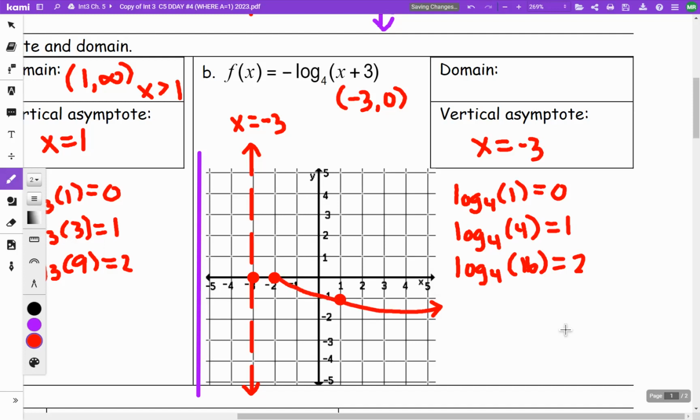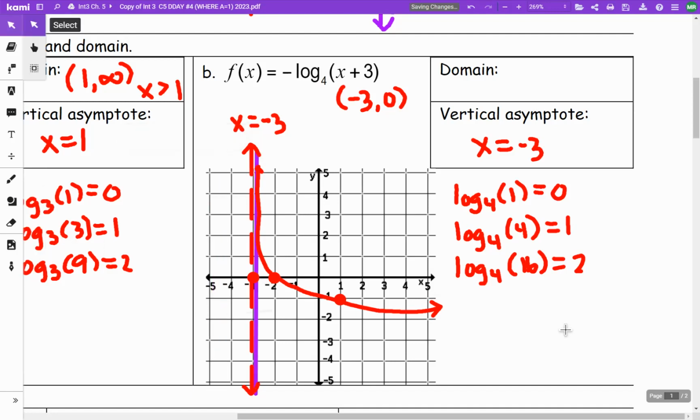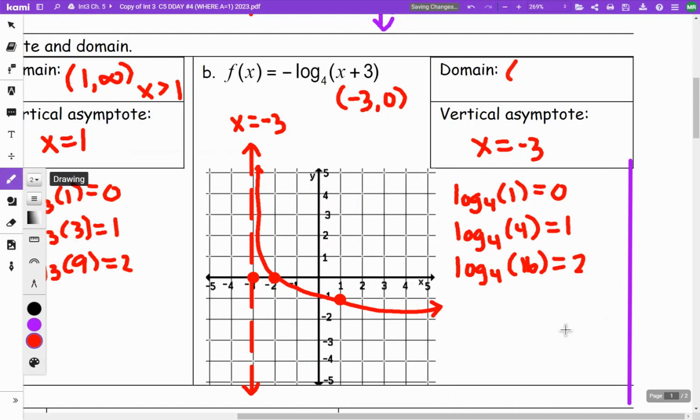But it doesn't stop there. It gets closer and closer to that asymptote. Now for this one, the furthest to the left it goes is negative 3, but it doesn't touch. And the furthest to the right it goes is infinity. So I'm going to write negative 3 to infinity, both open brackets, or x is greater than negative 3.